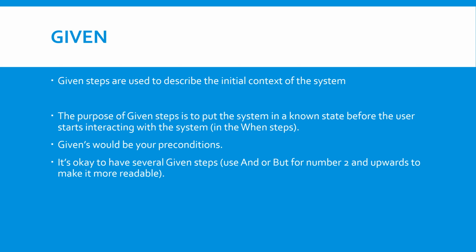For instance, if you want to perform an operation or action that requires that particular user to be logged in, you would log in first, then start your operations or actions. That login is your precondition because you need that.